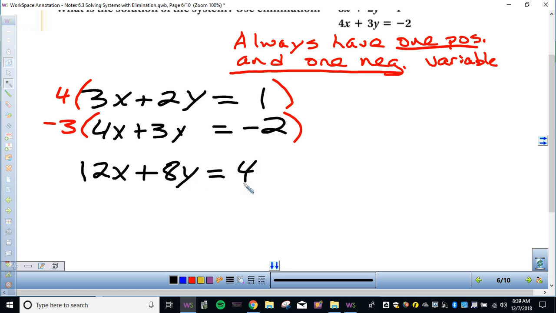Excellent. I'm multiplying the top equation here, Benjamin. Bottom equation next. Shane, tell me. Negative 12x minus 9y equals 6.